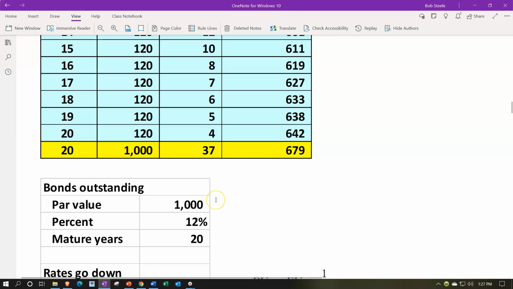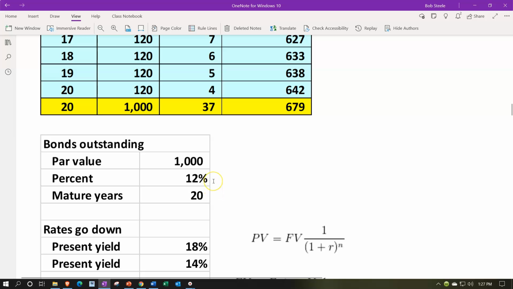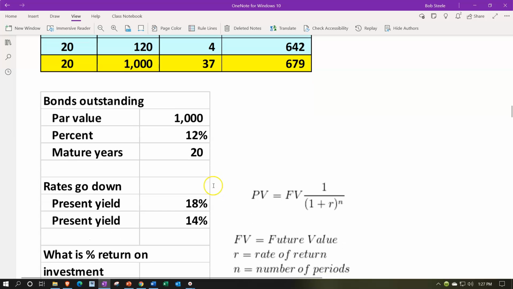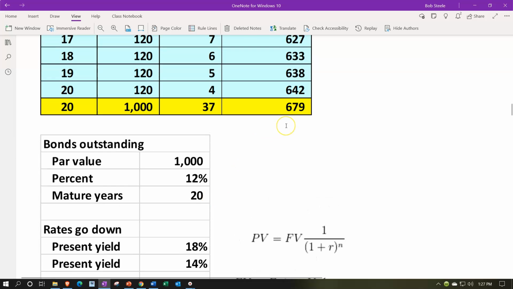That price is less than the 1,000 face amount of the bond due to the fact that the rate on the bond, 12%, is less than what we're perceiving to be the market rate. This then would be what we would consider paying for this particular bond, and then later we'll sell it when we believe the market rate is at the 14%.